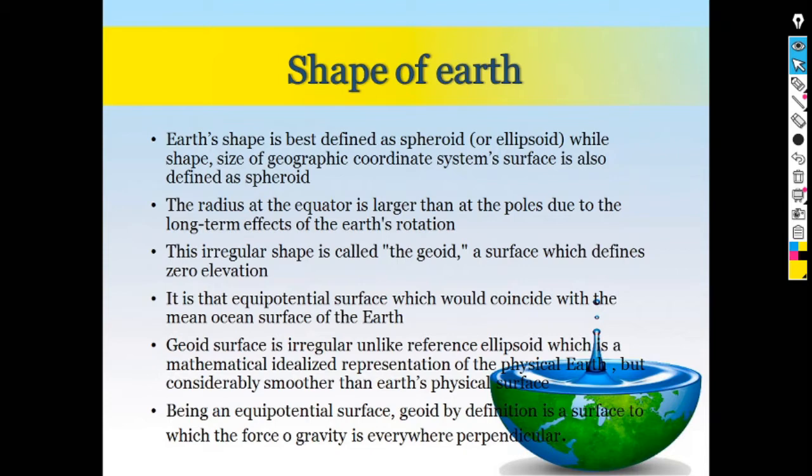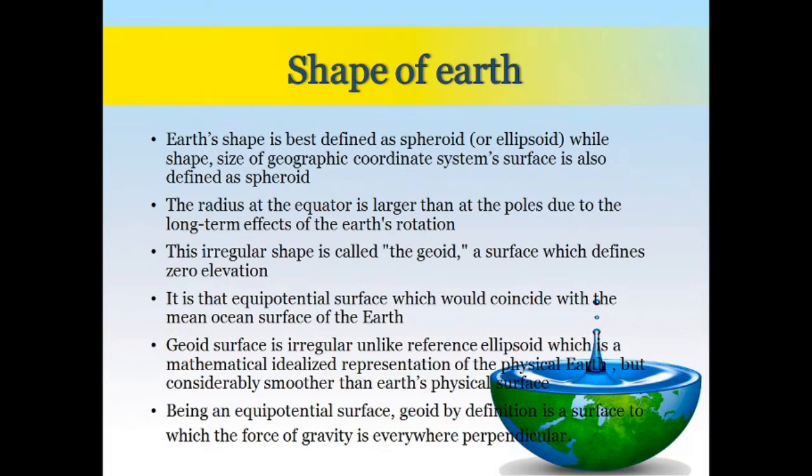Geoid surface is irregular, unlike the reference ellipsoid, which is a mathematical idealized representation of the physical earth, but considerably smoother than Earth's physical surface. Being an equipotential surface, the geoid by definition is a surface to which the force of gravity is everywhere perpendicular.